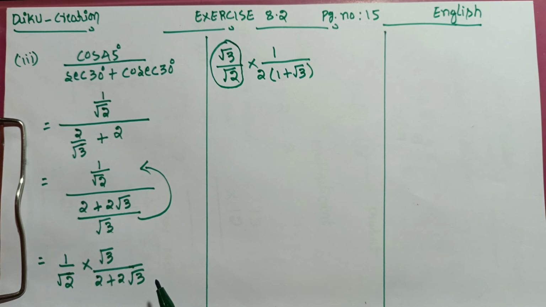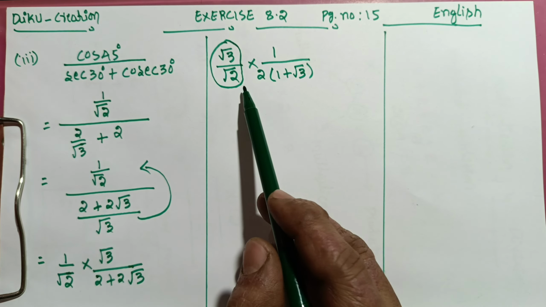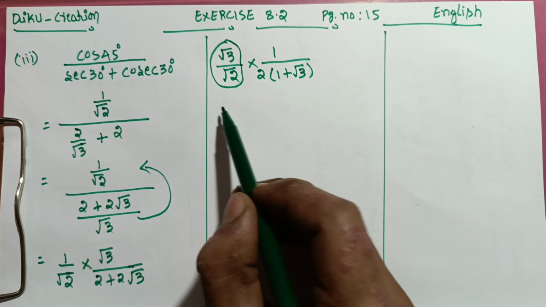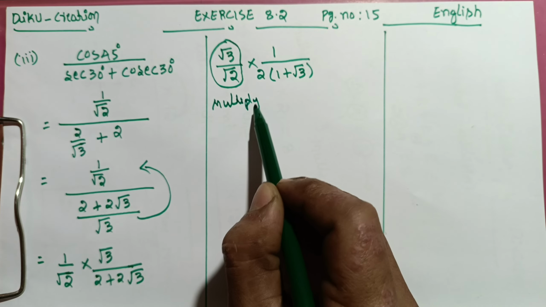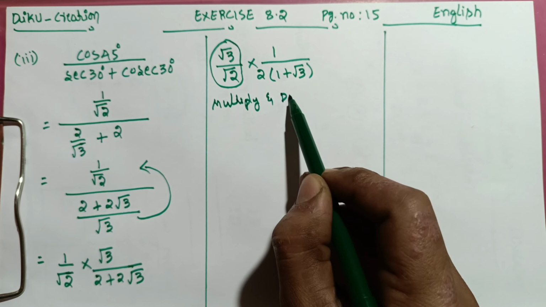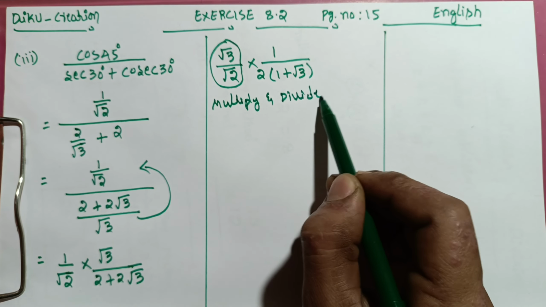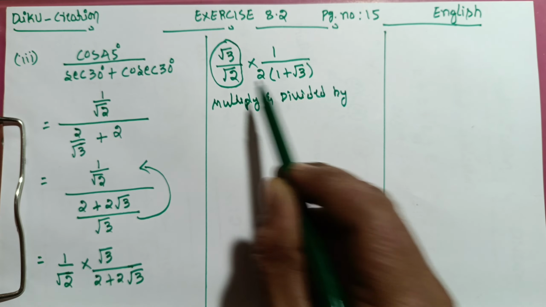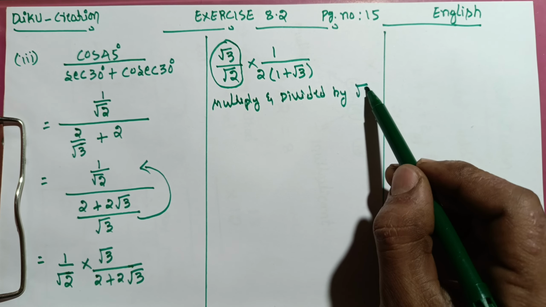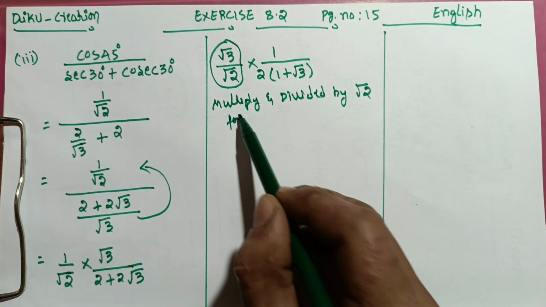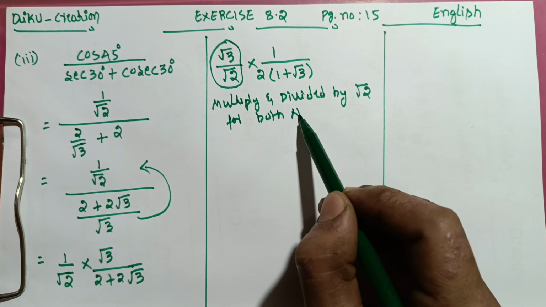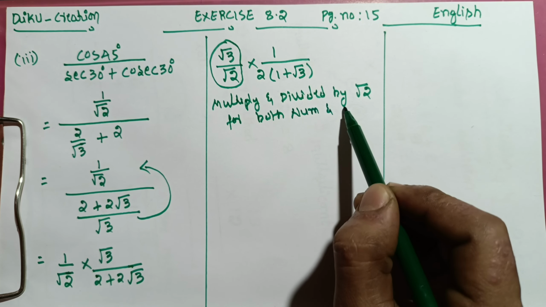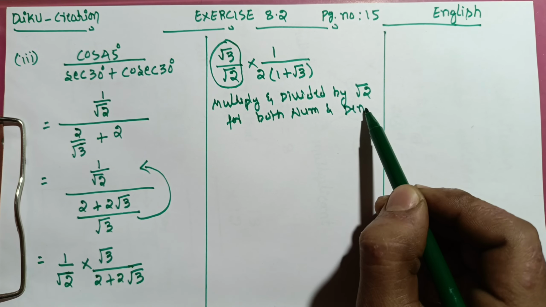In order to simplify this, what I will do is multiply and divide by root 2 for both numerator and denominator.